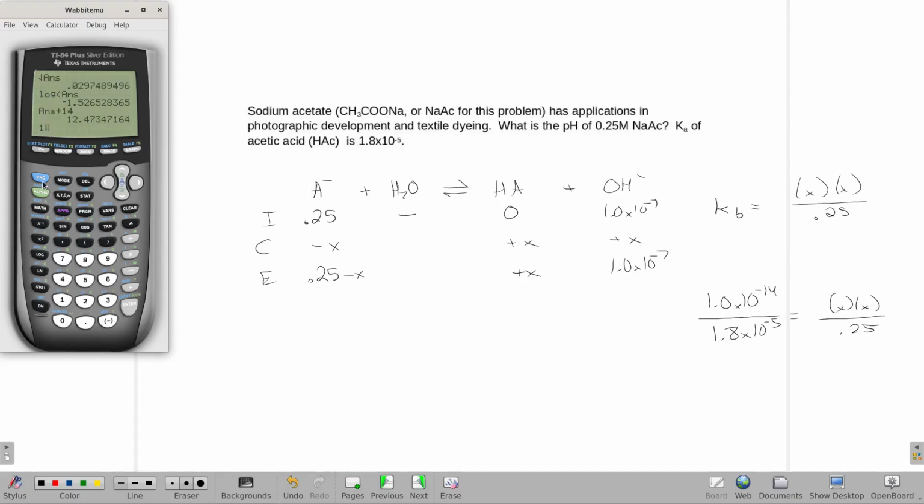So 1 times 10 to the negative 14th divided by 1.8 times 10 to the negative 5th. That should be our Kb. We're going to multiply that by 0.25 and then take the square root of this answer.